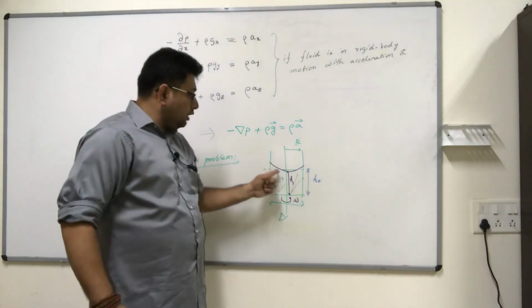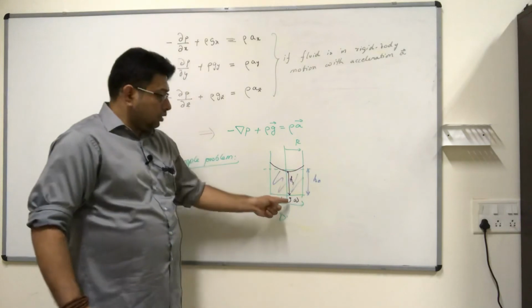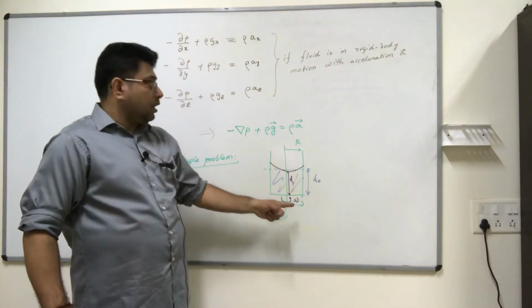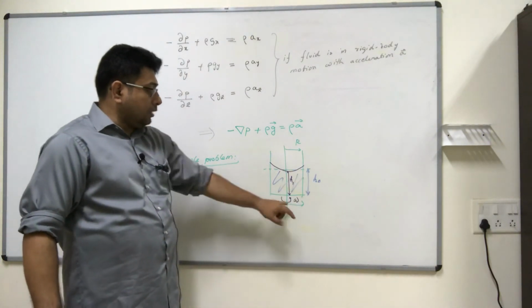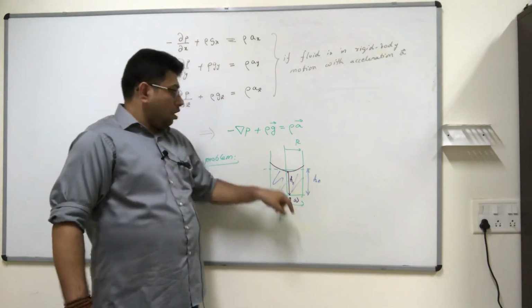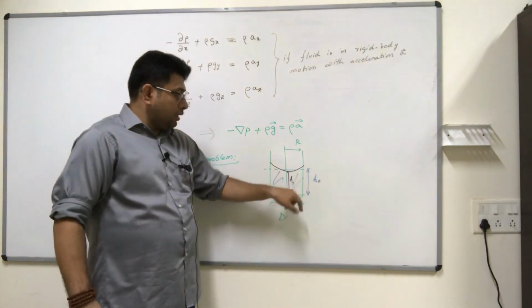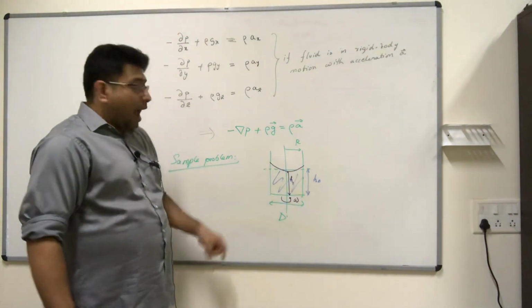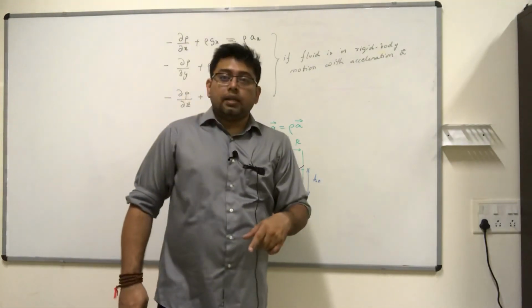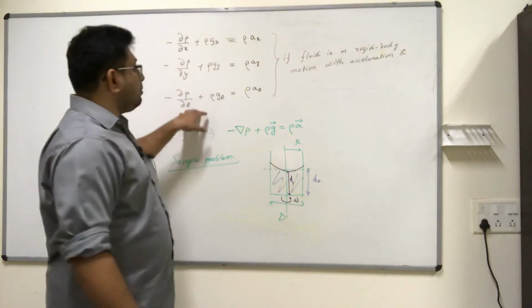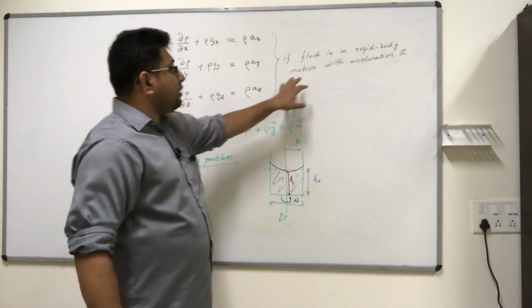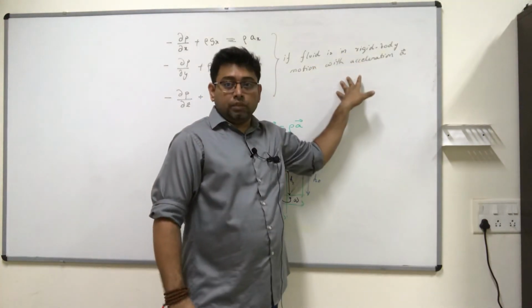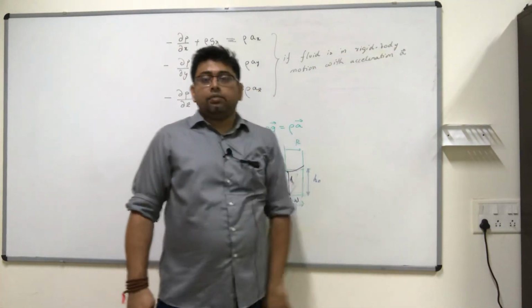So this distortion is only due to this imposed omega, and you are being asked to find the relationship of this profile or h1 with omega, and we are telling you that this entire system is working as if the fluid is in rigid body motion.